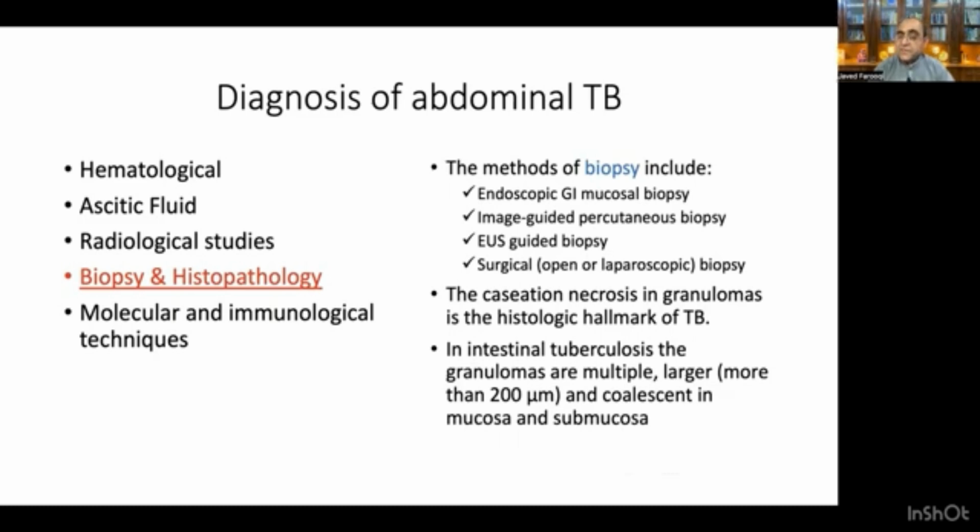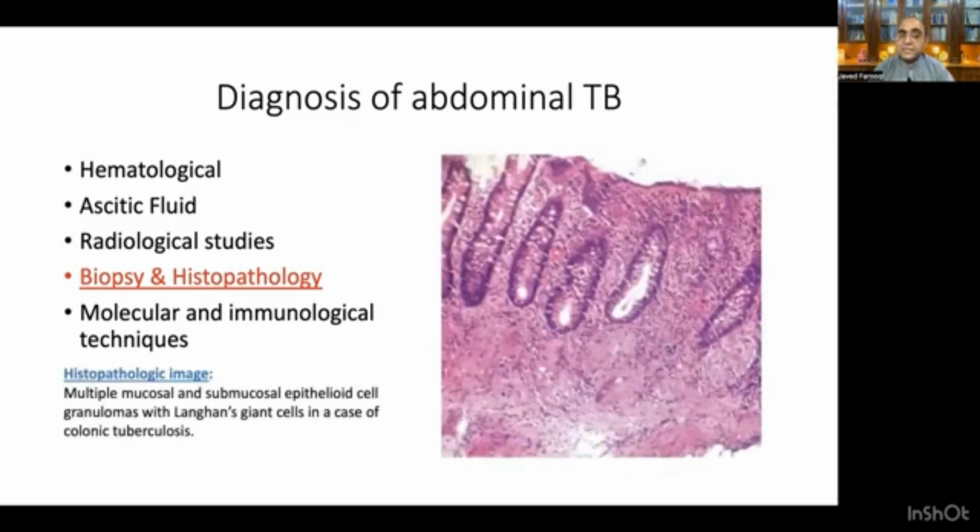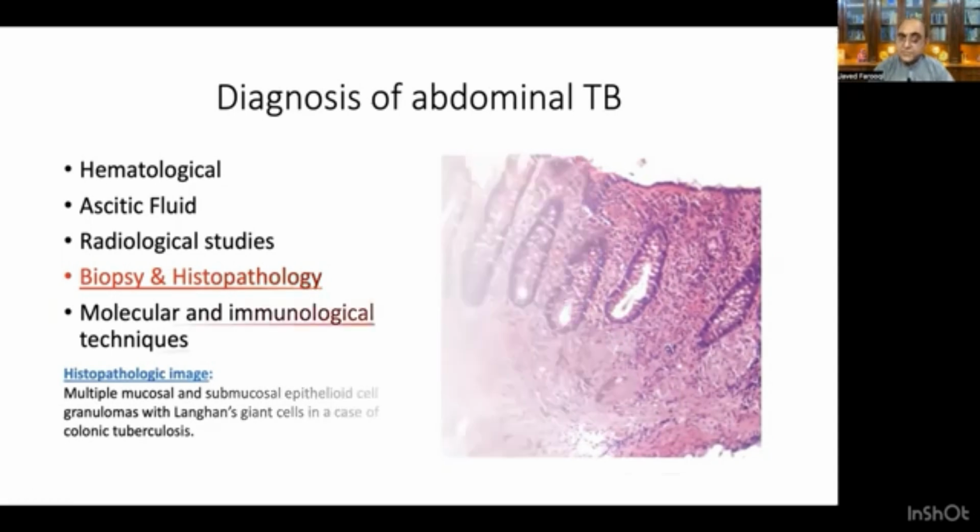These are the features of tubercular granulomas. And this is what we see: multiple mucosal and submucosal epithelioid cell granulomas with Langerhans cells in cases of colonic tuberculosis. So the typical picture is there in case of intestinal tuberculosis.